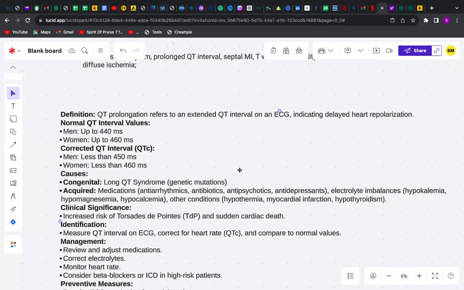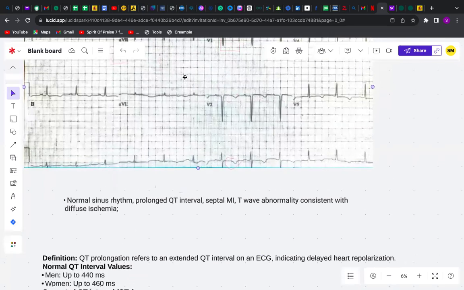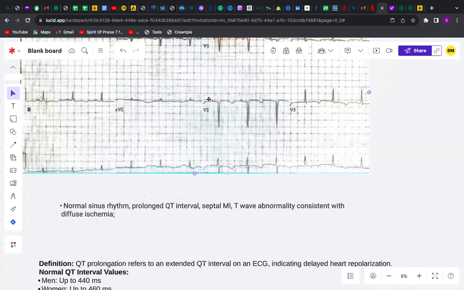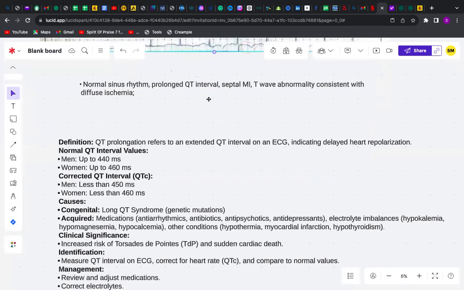Okay, and you have to also know that the importance of this prolonged QT is that it could lead to what we call Torsades de Pointes. Okay, because actually the prolongation gets further, hits on the other waves, and when it's not hitting on the right wave, they tend to escalate the disturbance, or the arrhythmias.